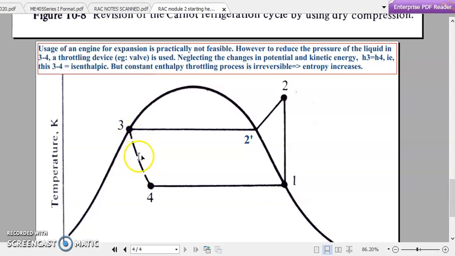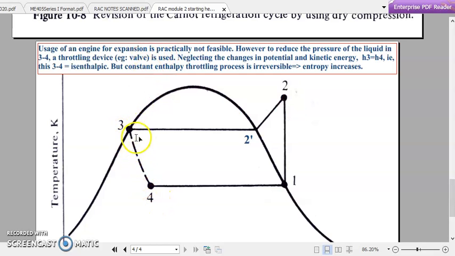So if we admit that liquid directly to our freezer compartment, the refrigerator, or our cold room, that is 4 to 1, it will definitely damage the cold room or the freezer compartment itself. So we have to always reduce the pressure of the liquid during 3 to 4. We can think of an alternative other than using an engine, that is, simply establish a throttling device, for example a valve or a small restriction from 3 to 4.